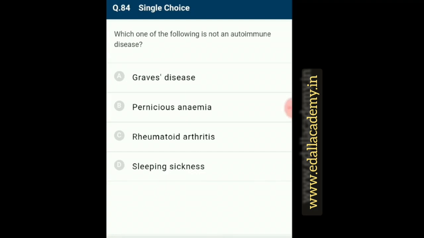Sleeping sickness is one of the diseases given. African trypanosomiasis is also known as African sleeping sickness or simply sleeping sickness. It is an insect-borne parasitic infection of humans and other animals. It is caused by the species Trypanosoma brucei or Trypanosoma gambiense. So from the given four diseases, sleeping sickness is not an autoimmune disease.